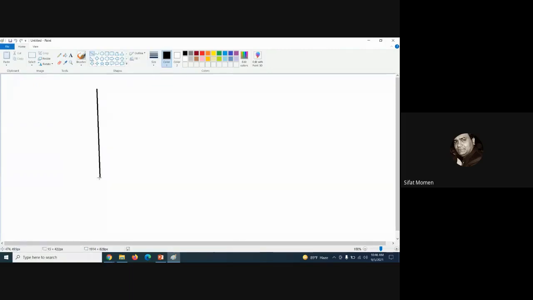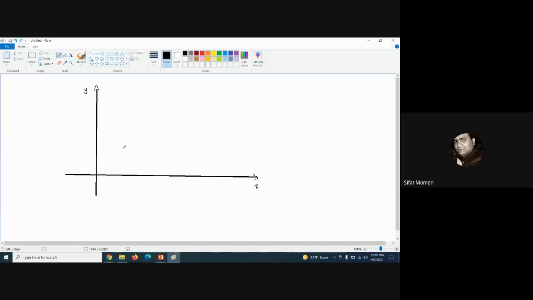Let's say we draw a line. This is for a univariate linear regression. We plot the actual y value here and the actual value of x here. So we have a training set. From the training set, let's say I draw some data points.